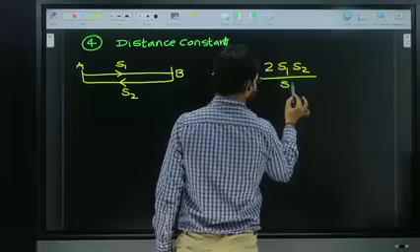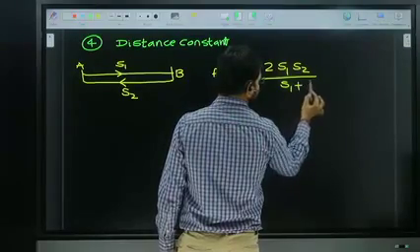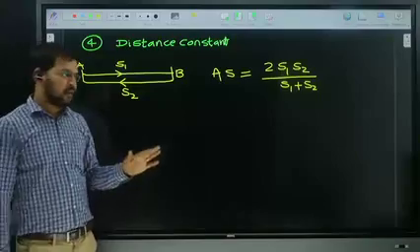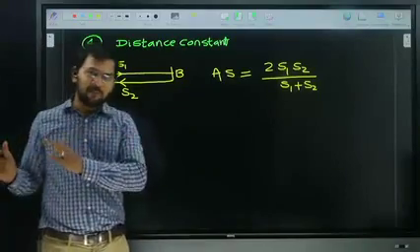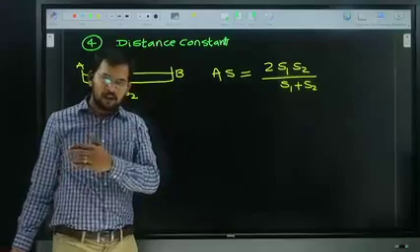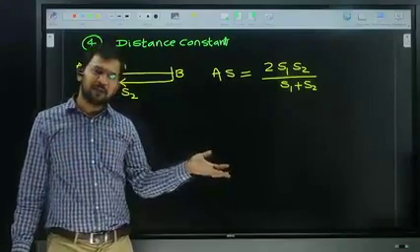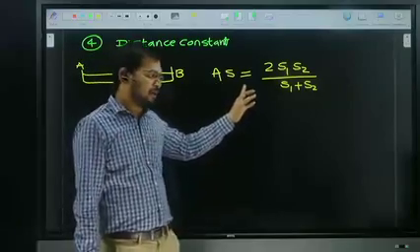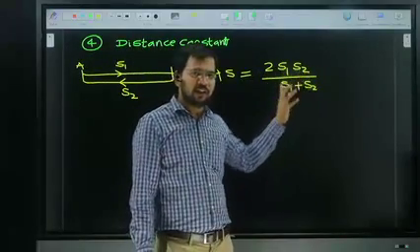So when distance is constant, a person travels from one place to another and comes back, the forward journey equals the backward journey, and the average speed is 2 s1 s2 by s1 plus s2.